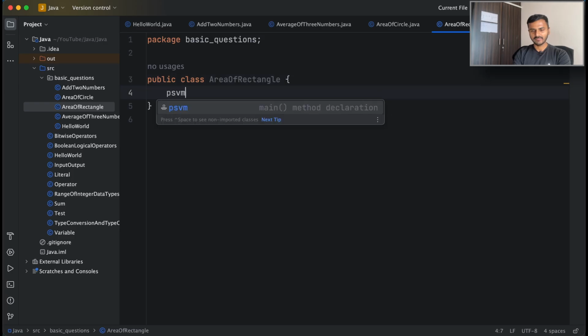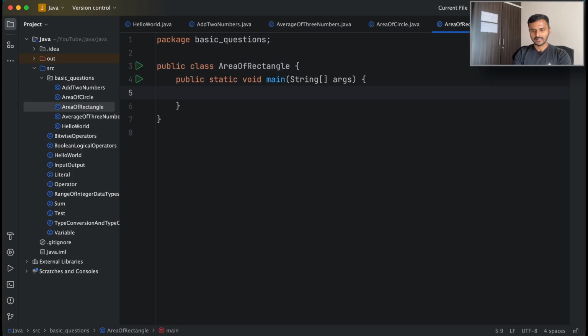And here as well, we'll quickly have a main method. And then to find the area of rectangle, what is the formula? The formula is length into breadth or width. So what we need is two variables to hold length and breadth and one variable to hold the value of area.